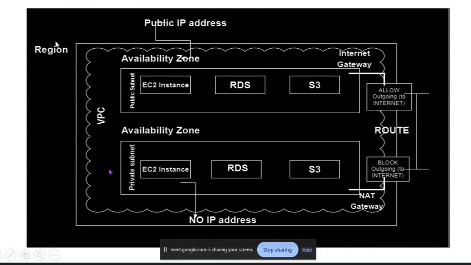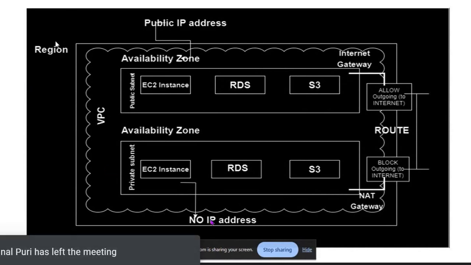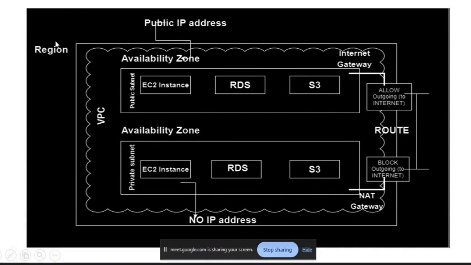So you have to first decide that. Then in the availability zone, you should have a subnet. So here we have two availability zones, each with a public subnet and a private subnet, which are created under a VPC.